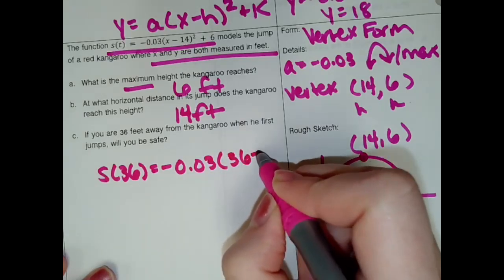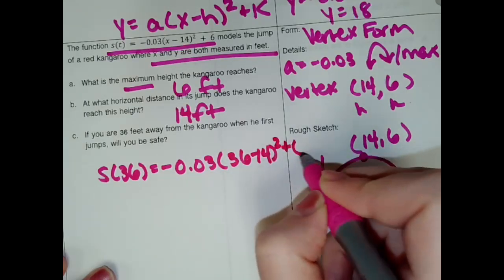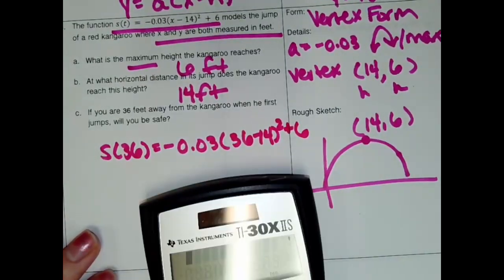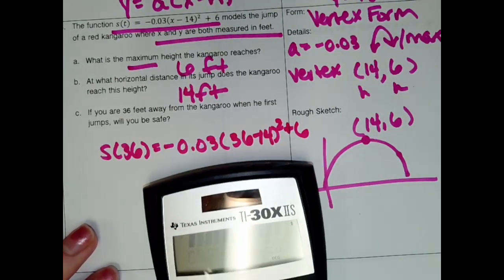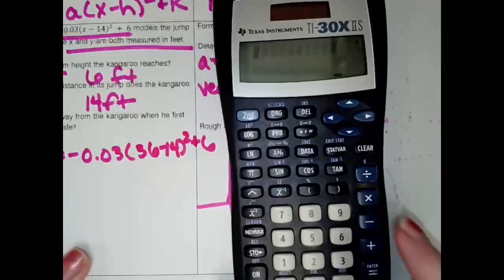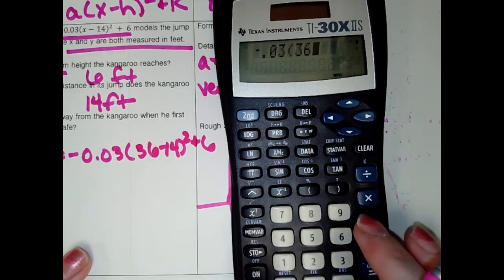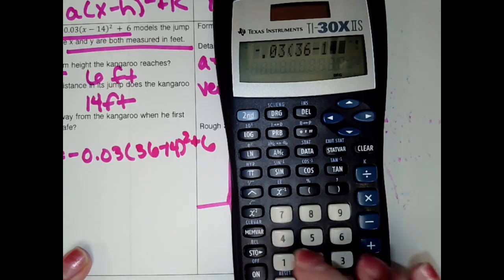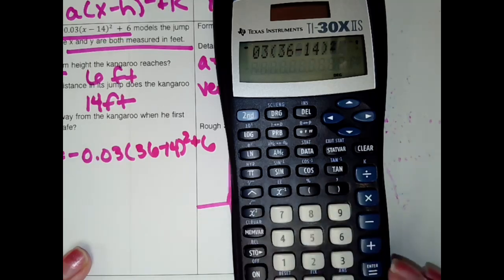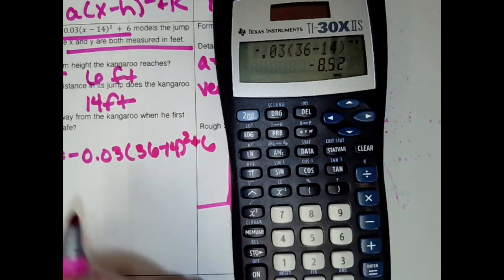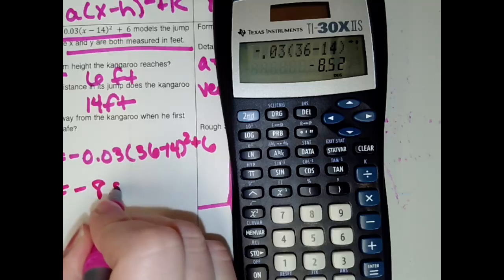So 36 minus 14 squared plus 6. And plug this in. Negative 0.03 times 36 minus 14 being squared plus 6. Hit enter. I got a negative 8.52.